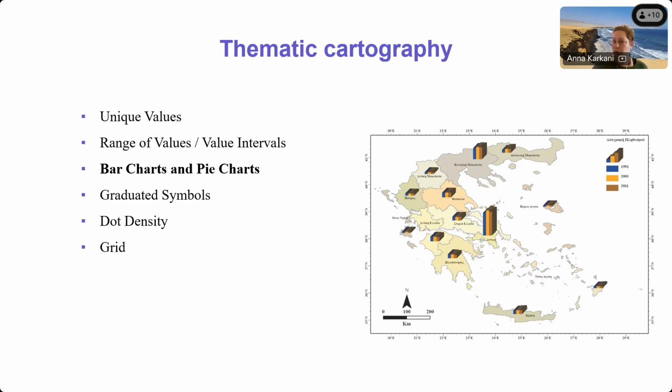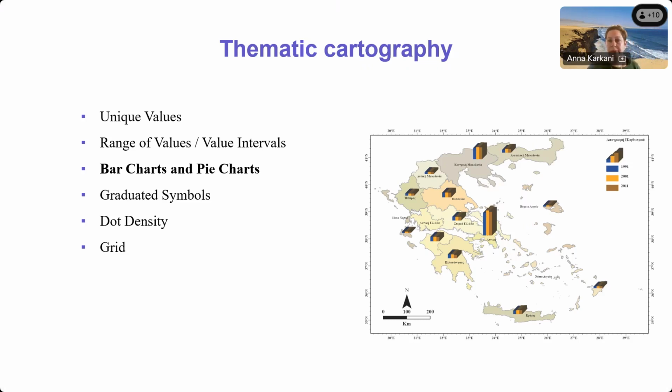So for each of these variables, we have this type of pie charts or bar charts that can be created. In this case, for instance, you can see the population of Greece in 3 different years: 1991, 2001, and 2011. So you can see the bar charts for these different years.